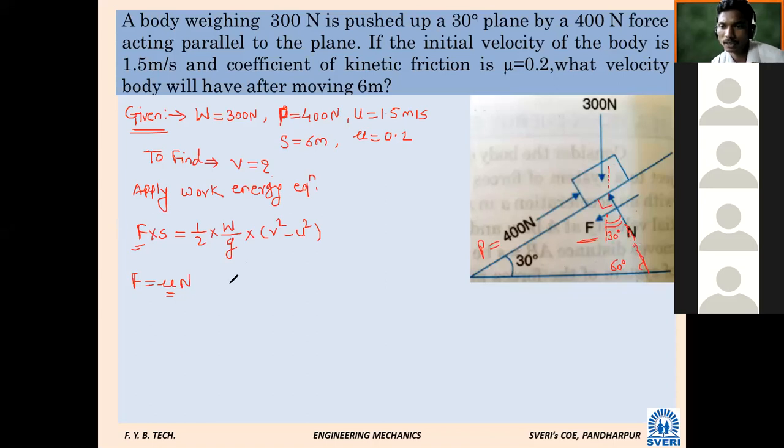So what will be N in this case? Mu is given. We want to find N. How to find N?